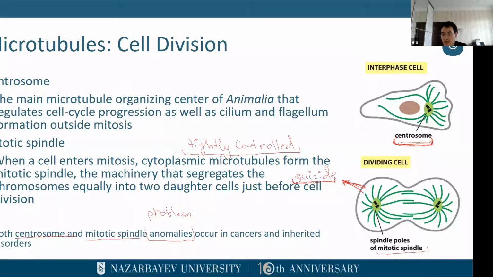But in cancers and inherited disorders, these anomalies are skipped. So instead of going to apoptosis, the cell will still divide with the problem.